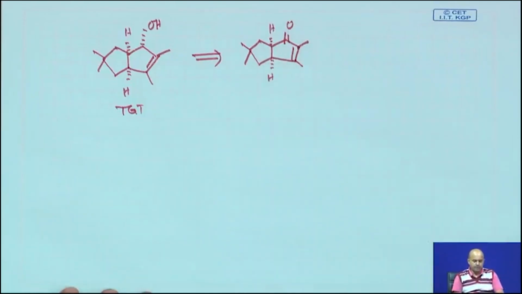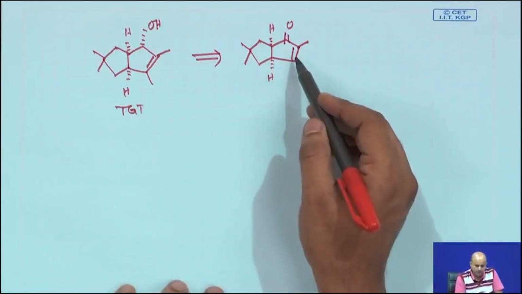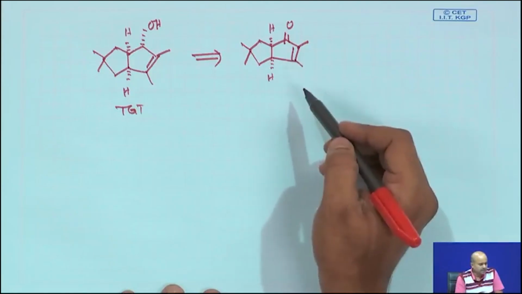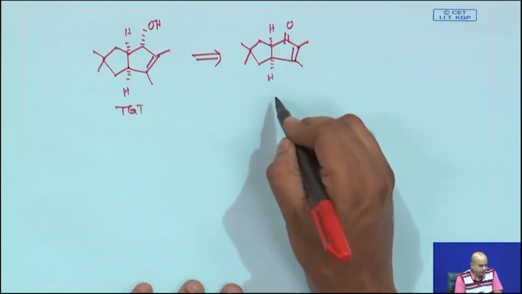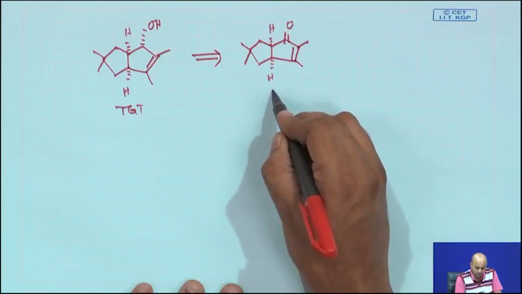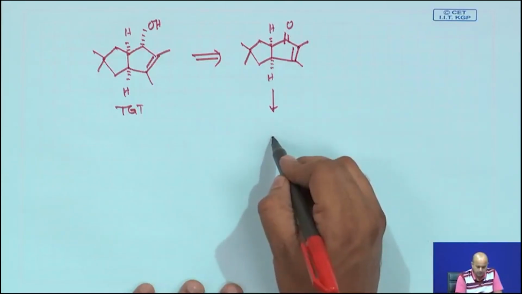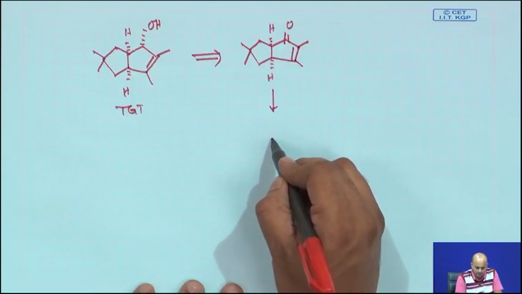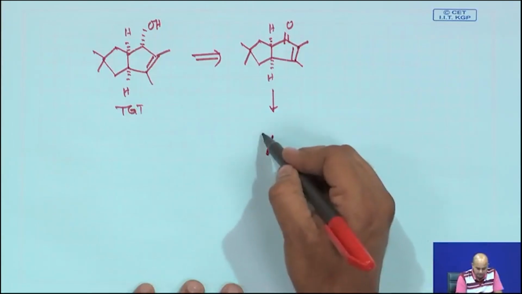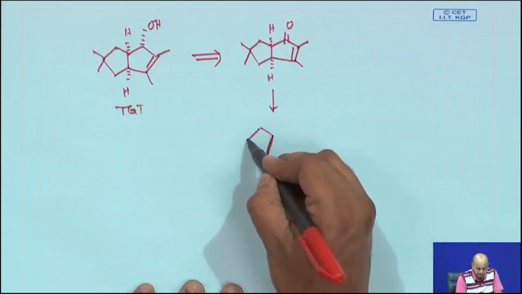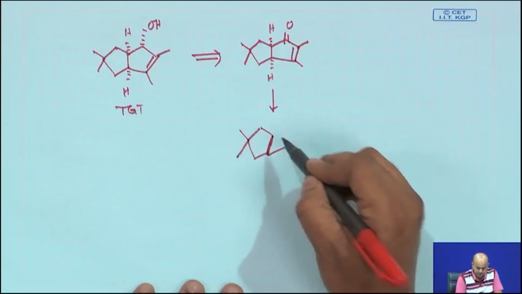Now, from the very beginning it looks simple. If you say that okay, we can do a simple Luche reduction, it can be done, but in reality it is not that simple. If you try to draw this compound's conformational behavior in the ground state, you will find that in reality it exists as this kind of structure.